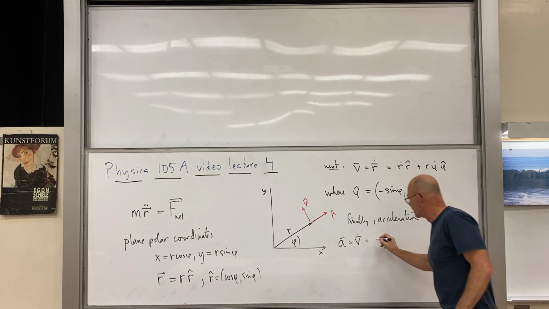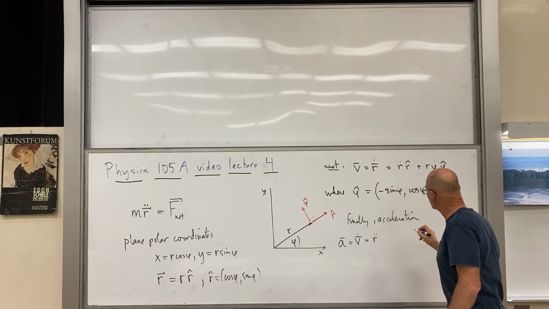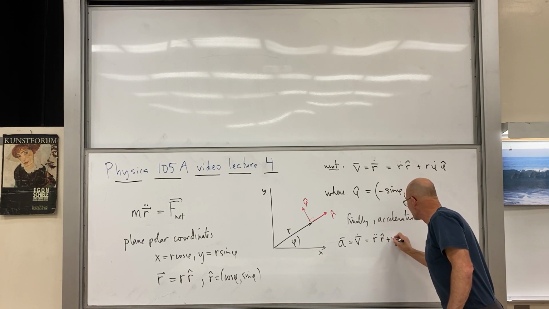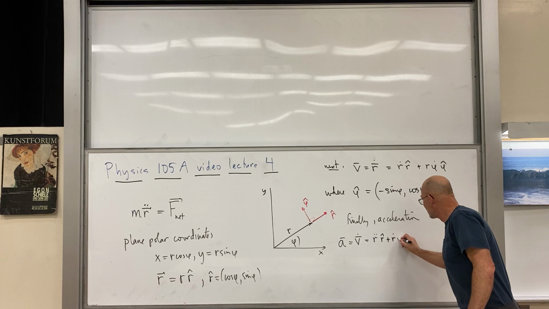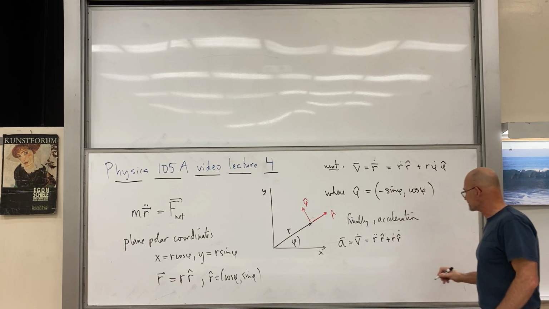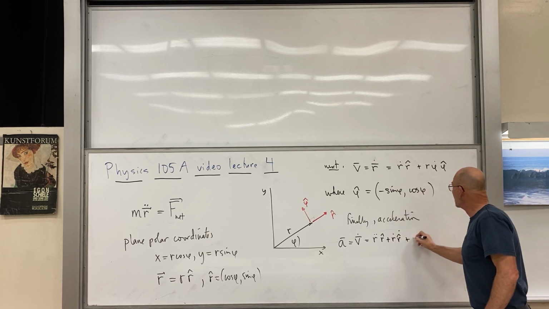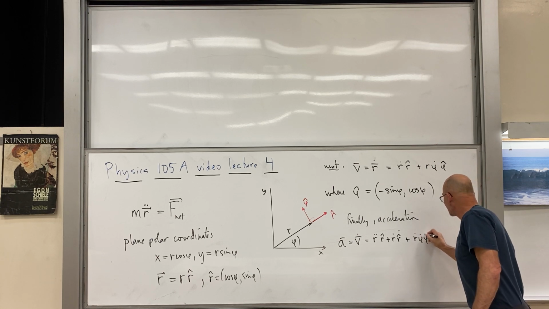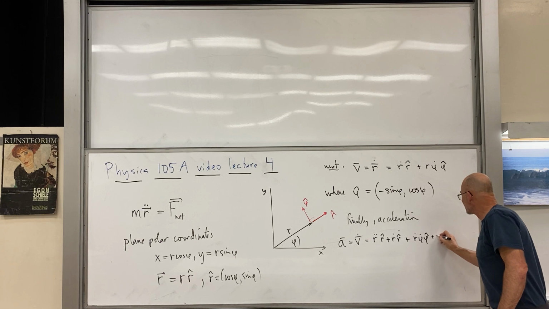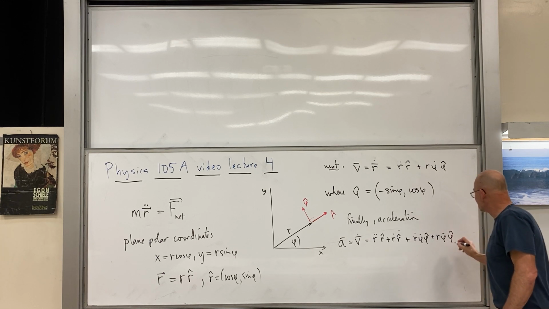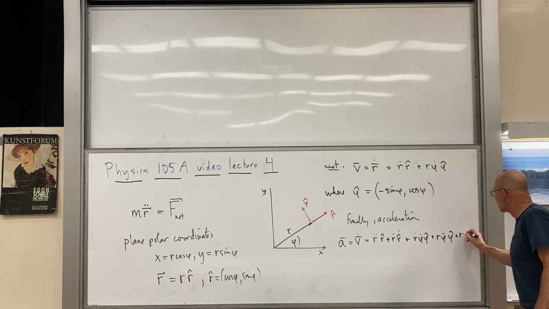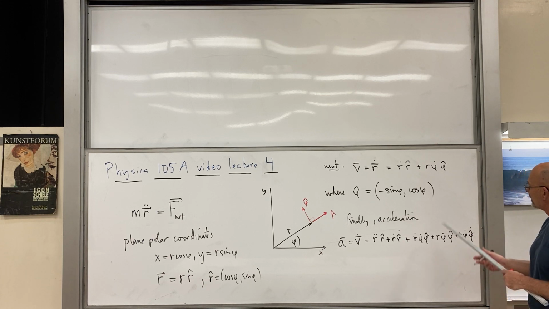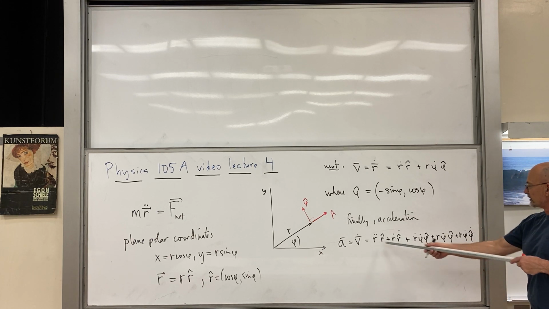So we have r second derivative r hat plus r dot r hat dot, and then here we have r dot phi hat plus r phi double dot phi hat plus r phi dot phi hat dot. I've just done the product rule for this whole thing.